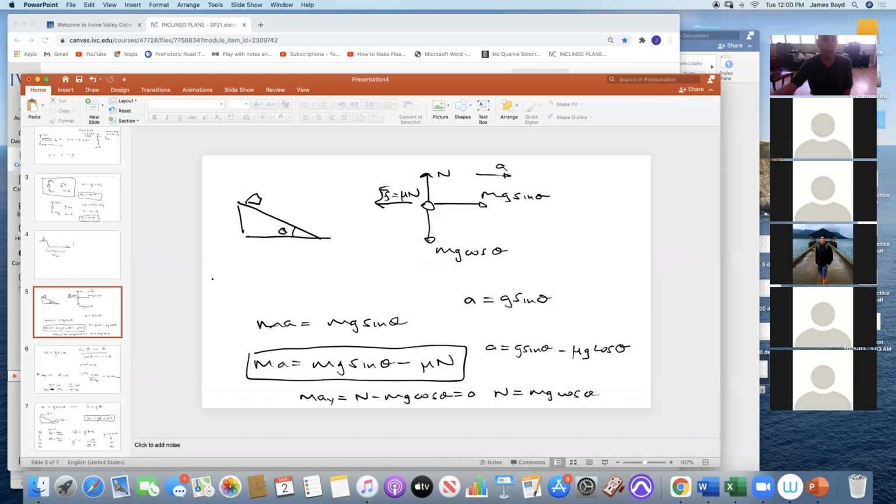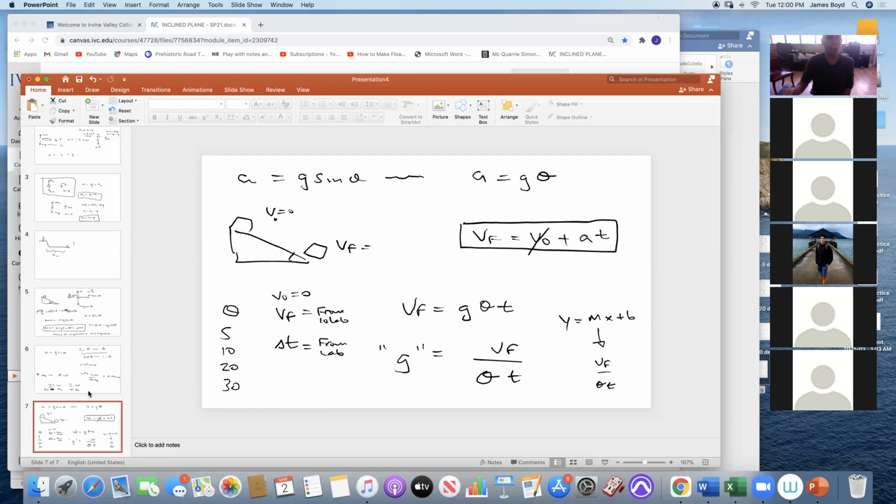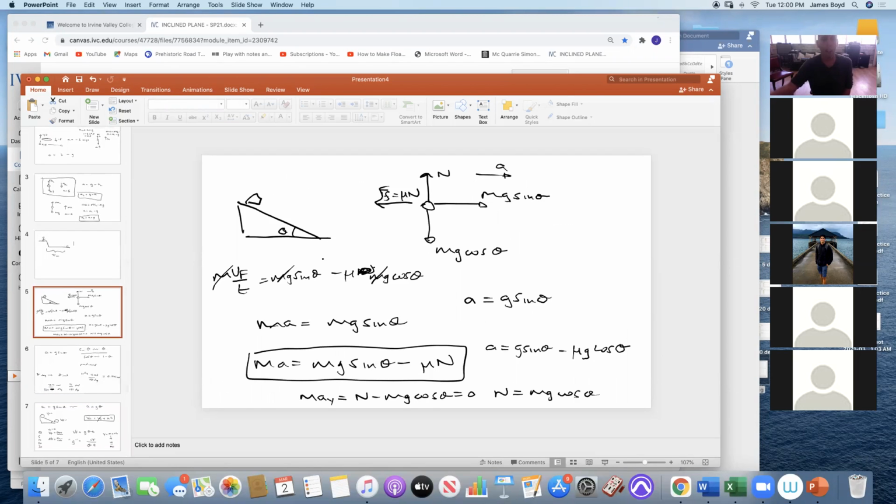We're going to plug in for a, V final over T is equal to mg sine theta minus mu N, but N is mg cos theta. I can cancel all my m's, and I want to solve this for mu. So mu is equal to g sine theta minus V final over T, divided by g cos theta, right here.